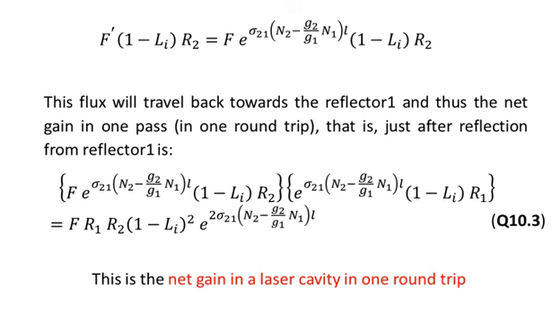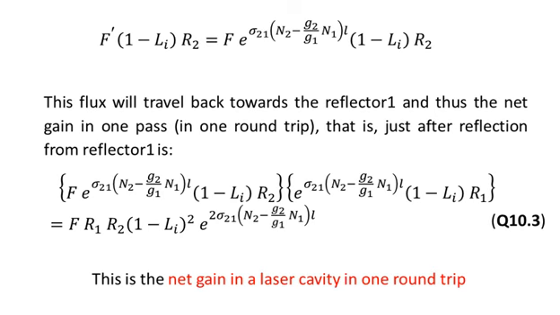So you see that if you multiply these two terms, then it becomes the contribution of the flux in one pass, and the second term gives you the flux from the second pass. So this total becomes the flux in one round trip.